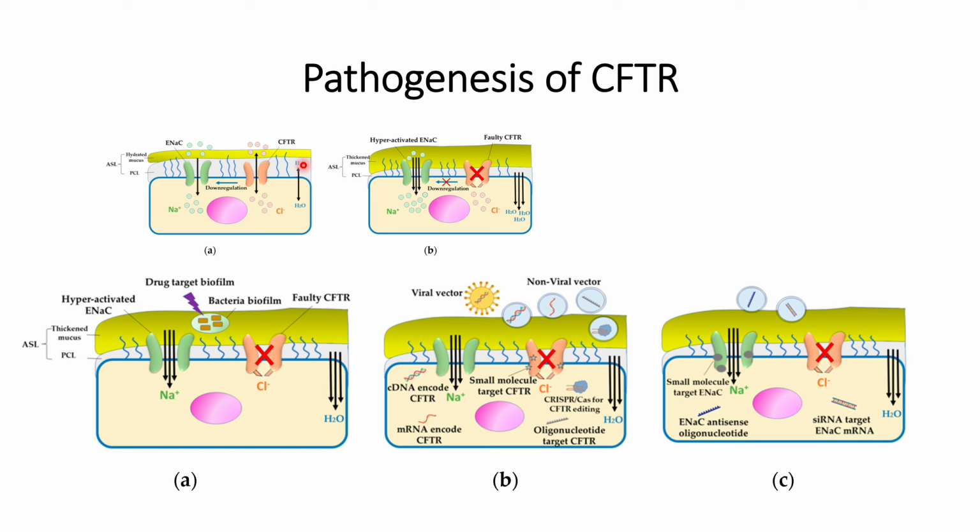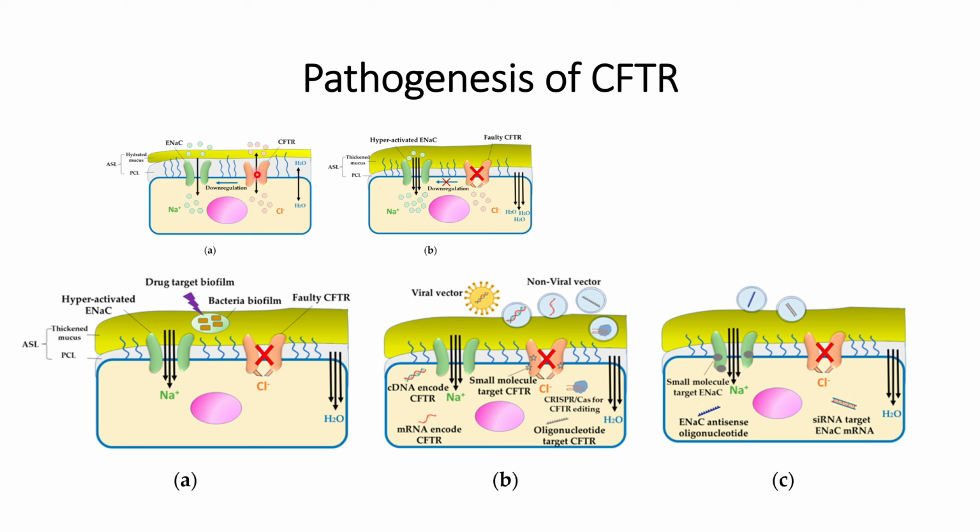This is the normal functioning of CFTR. In this case, the mucus layer is hydrated, and the ENaC, that is the epithelial sodium channel, and this chlorine channel are controlled by this CFTR protein. As the chlorine channel decreases, it gives a signal to the ENaC to adjust accordingly.